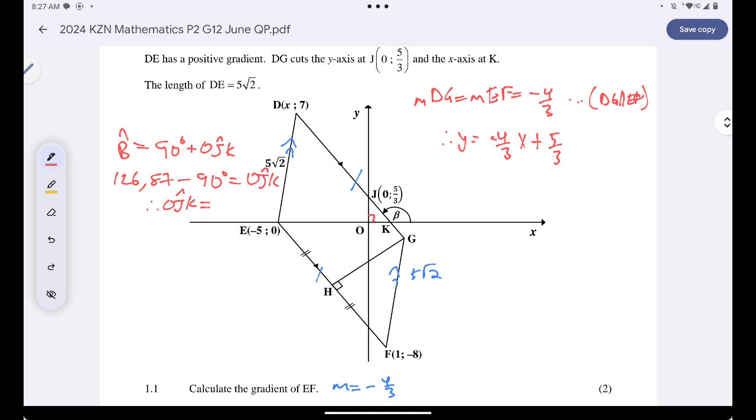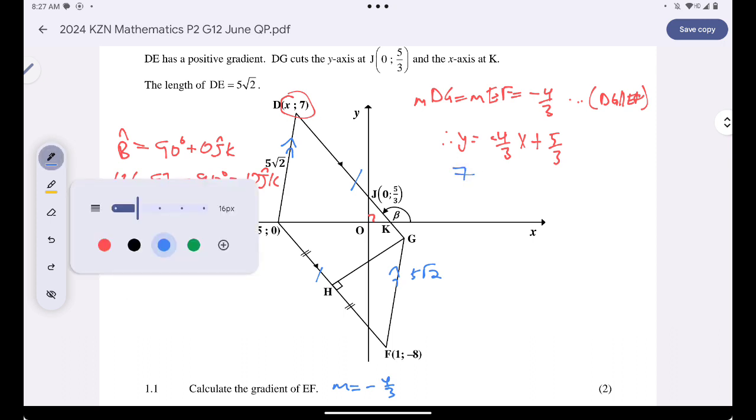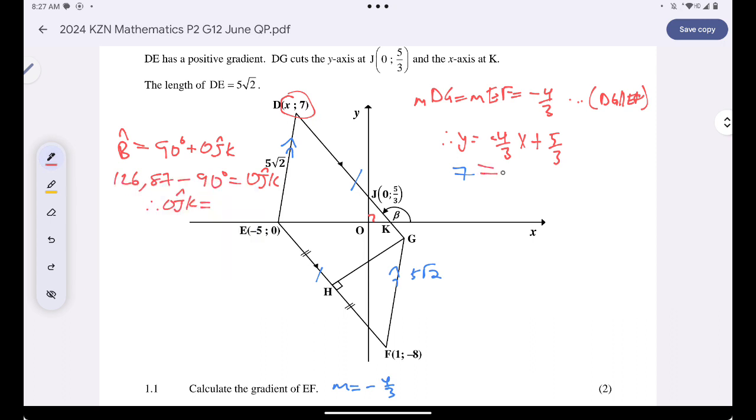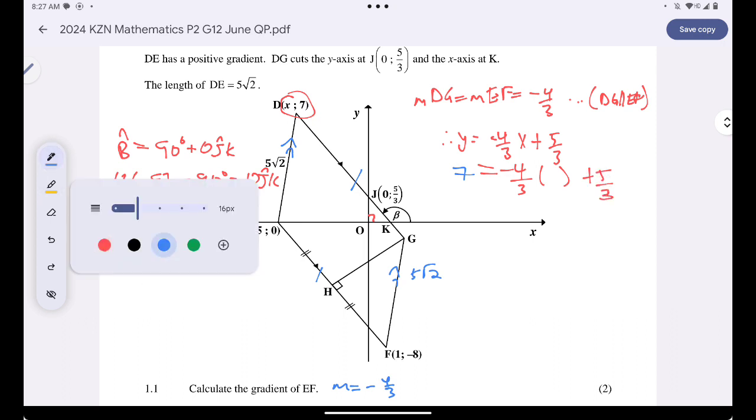So for me to find the value of x, I just need to substitute these coordinates here. Whenever I see y, I must put 7. And then whenever I see x, I must put x as well.